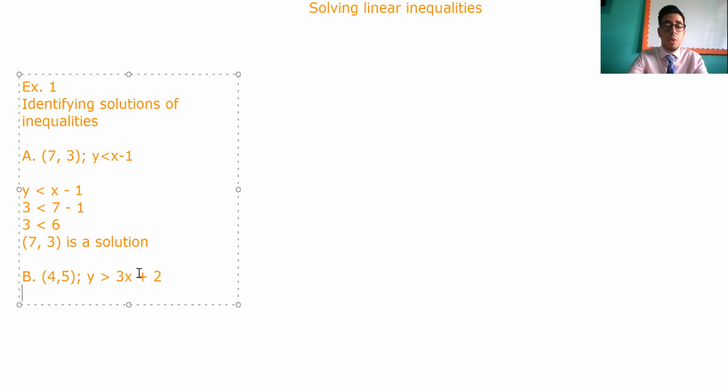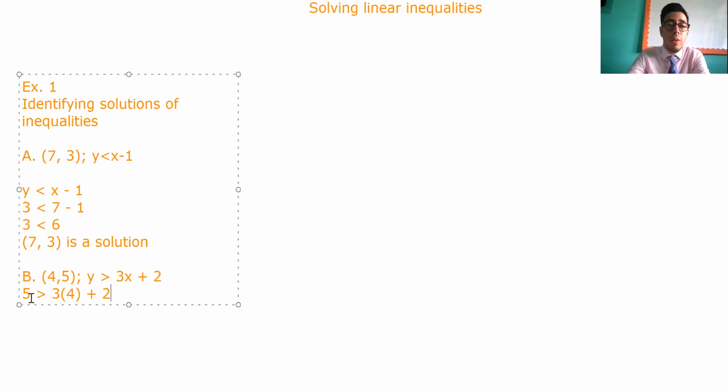So for the first part, we substitute the values. X is 4, so I'm going to replace the x in the value that is multiplying the number 3. And for y, we are going to replace the value that is the number 5. So 5 for y is greater than 3x. What is the value for x? 4, plus 2. Is it a solution? No, right?